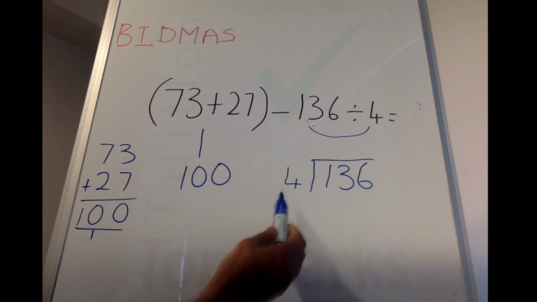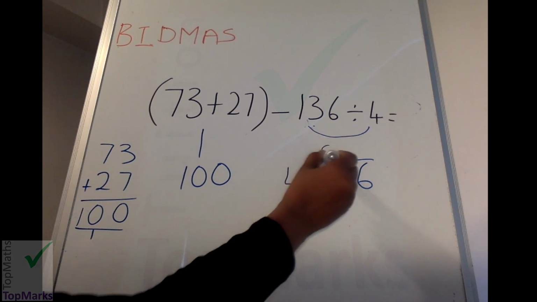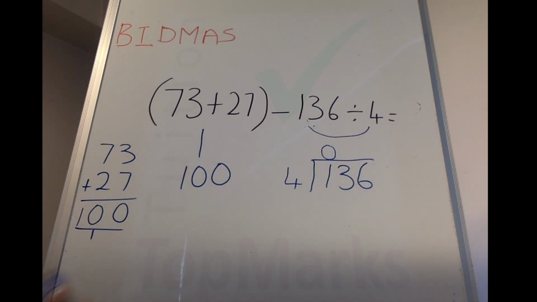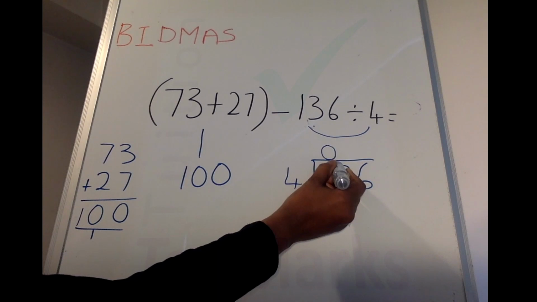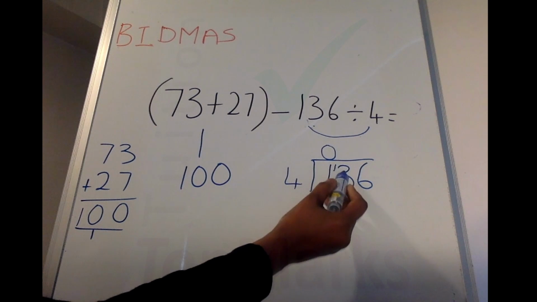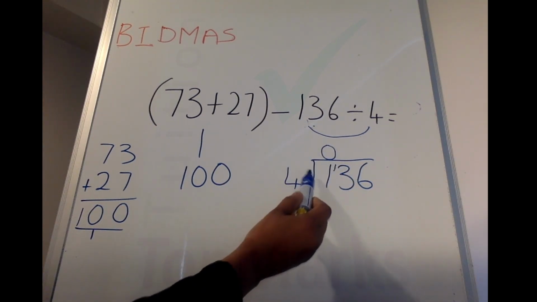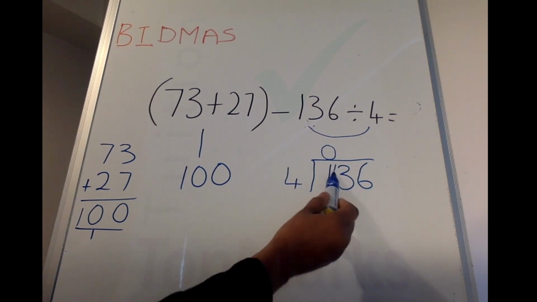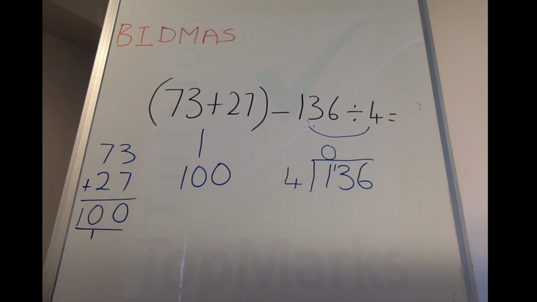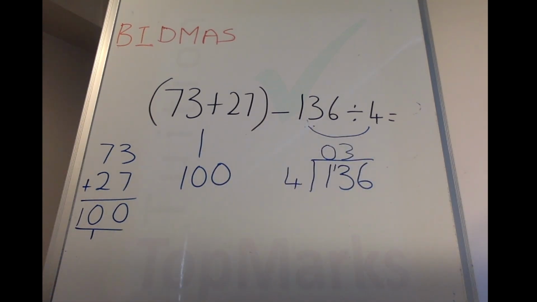Off we go. How many 4s are there in 1? I know the answer is 0. Because it's short division, I'm going to simply carry that 1 that's still remaining over to sit next to the digit 3. So now, how many 4s are there in 13? From my times table of 4, I know that 12 is the closest number to 13. 3 times 4 is 12, so I'm going to write the 3 there.